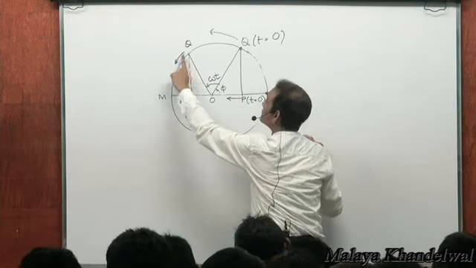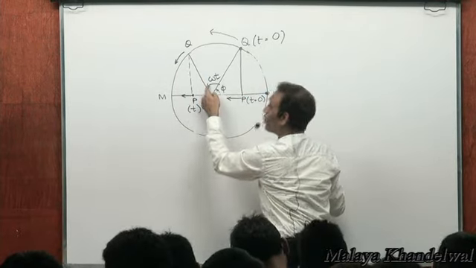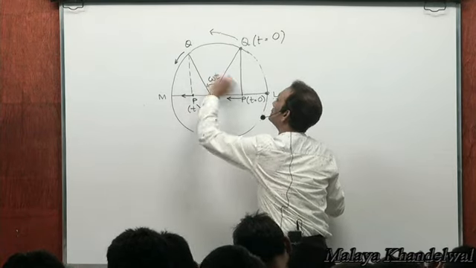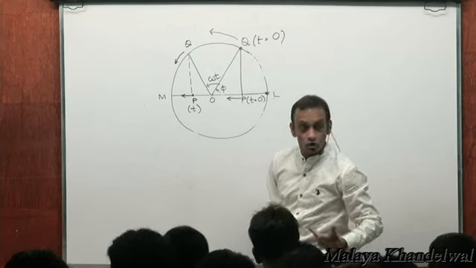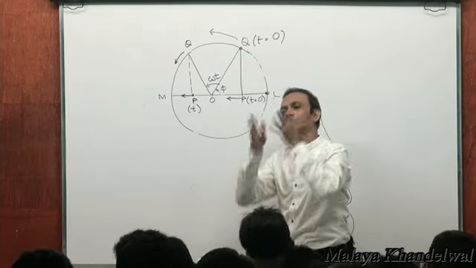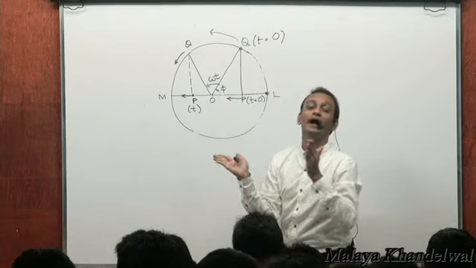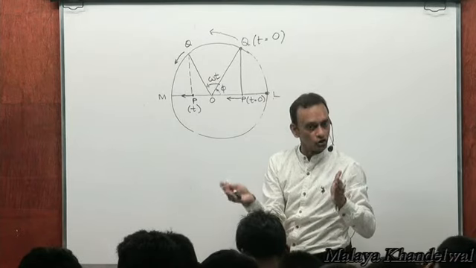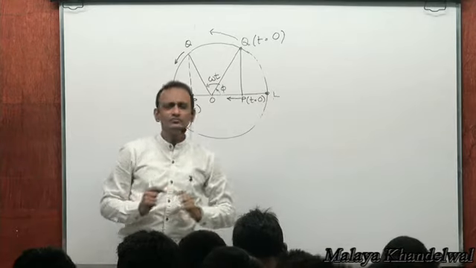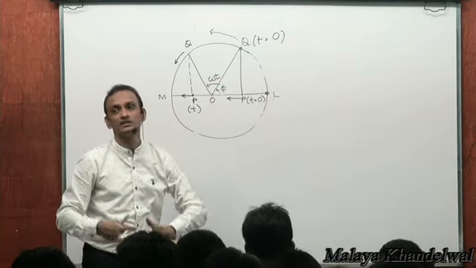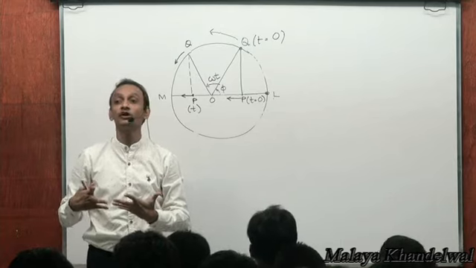T seconds later, this angle will become omega t, and this entire angle will become omega t plus phi. That's the phase of the oscillator. So instead of dealing with the oscillator, you migrate to the auxiliary particle and obtain the phase of the oscillator, right?